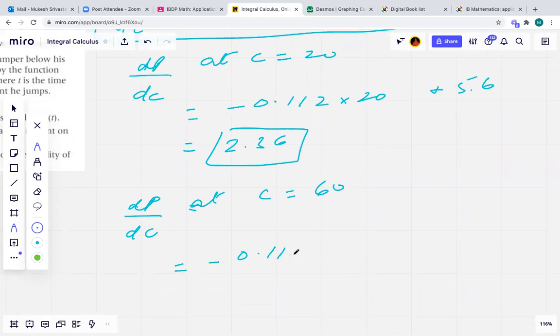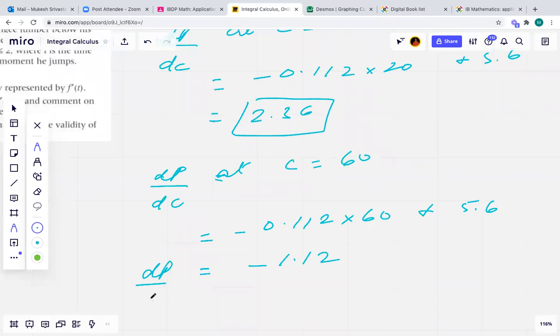You can use a calculator. That's easy now. It will be minus 6.72 plus 5.6, that's minus 1.12. Minus 1.12. What does this mean?